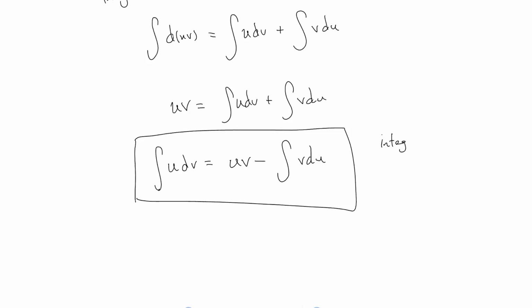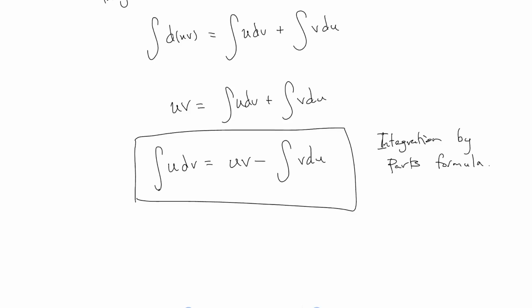But this is the integration by parts formula. All right, integral u dv equals uv minus integral v du. You can use this in order to do integrals of things where the u substitution doesn't work.